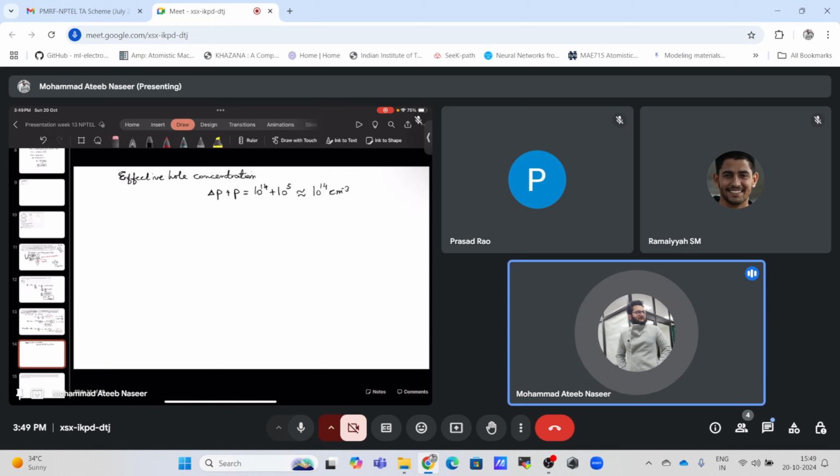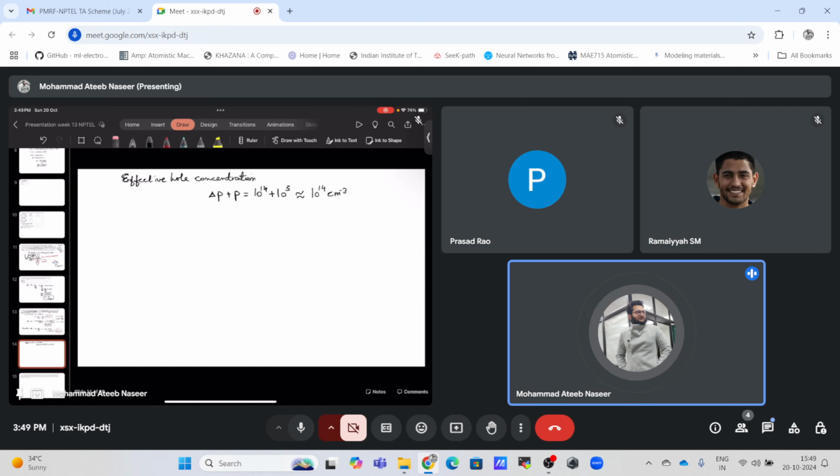This illumination has significantly altered the Fermi level; we can say the quasi Fermi level now, for the holes. If I look into the difference between the quasi Fermi level of the holes, EFP, and EFI, it will simply be KT ln of the effective hole concentration by Ni.